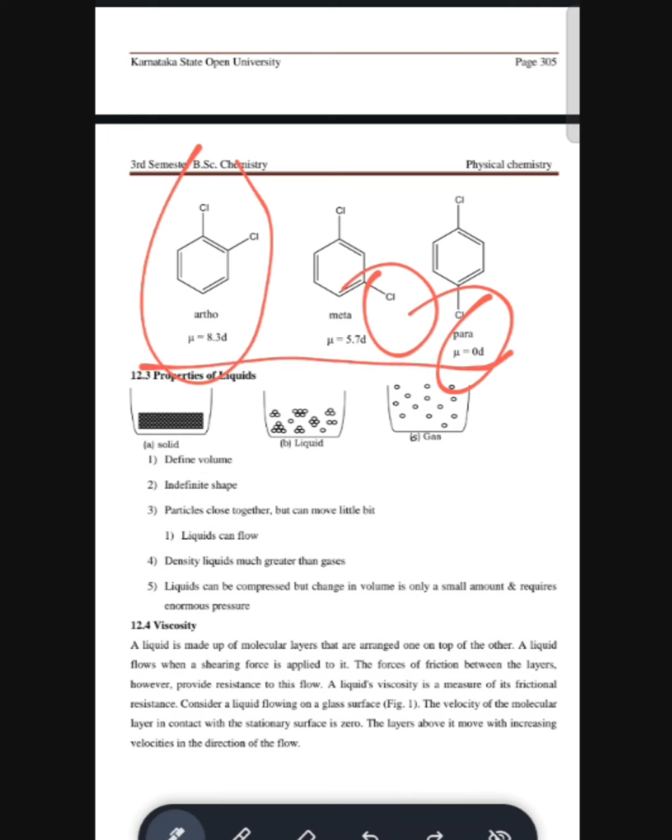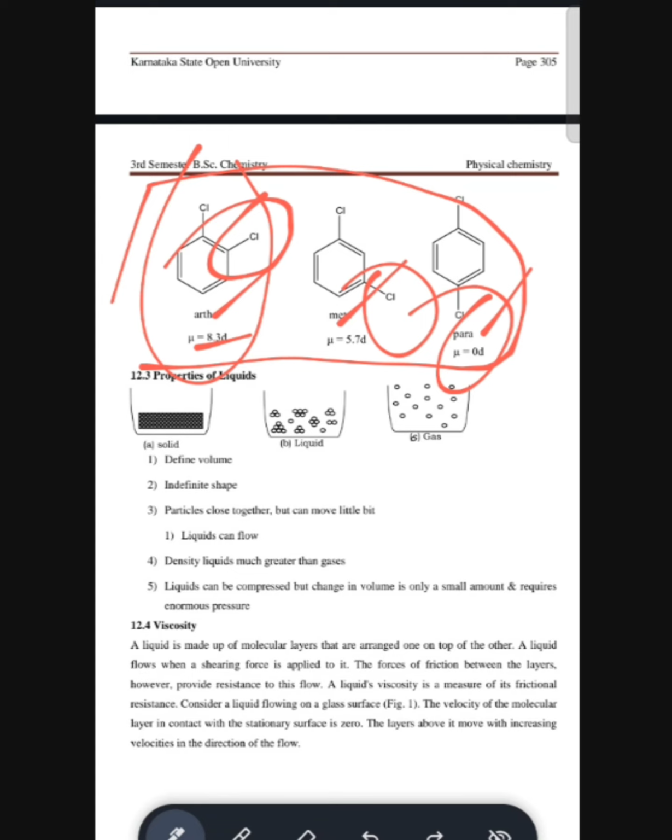The values will be 8.3D, 5.7D, and 0D, depending on the position of its chlorine. So it is in the ortho position, meta position, and para position of dichlorobenzene.